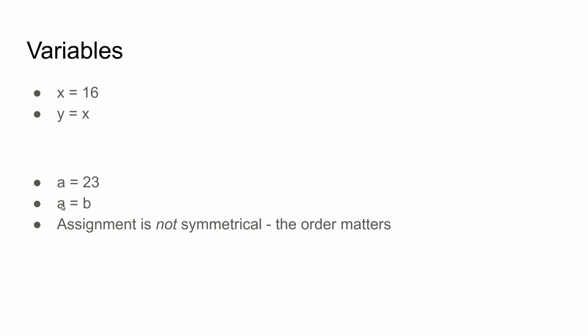And then if b has something else as its value, now a is referencing that, whatever b was holding or existing as a name for, the number 5 or the word cat or whatever. This does not change b's value. It only changes the value for the variable name on the left-hand side here. And that can be important to pay attention to as well.